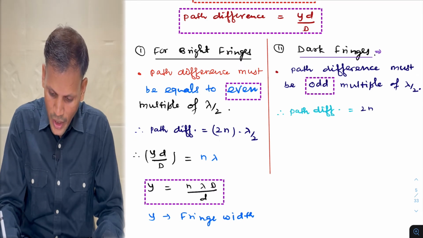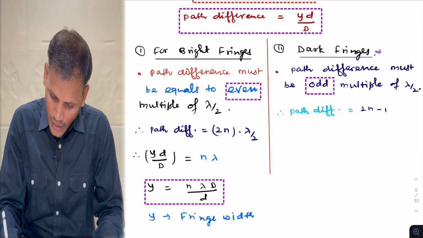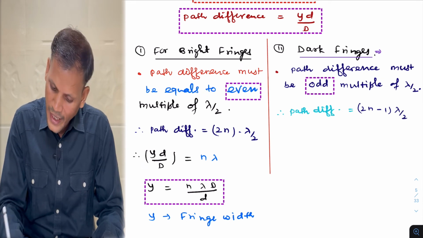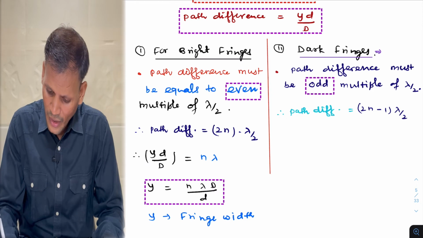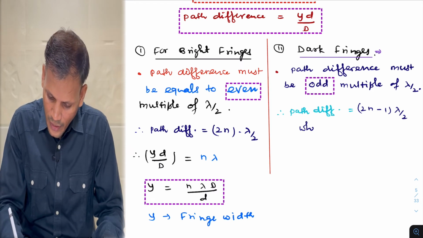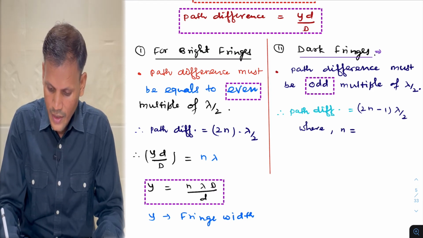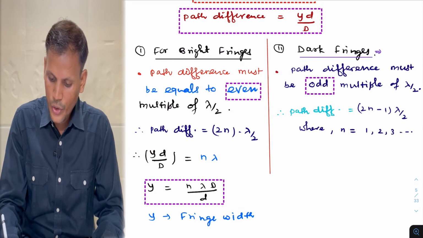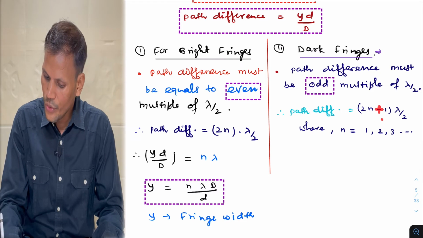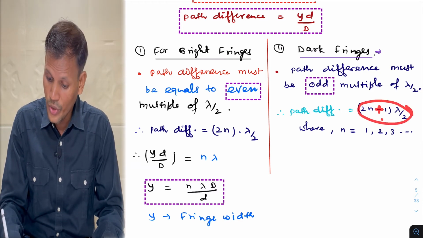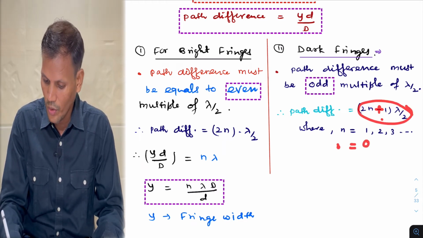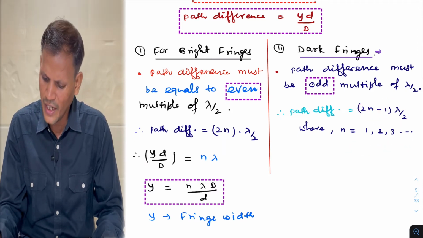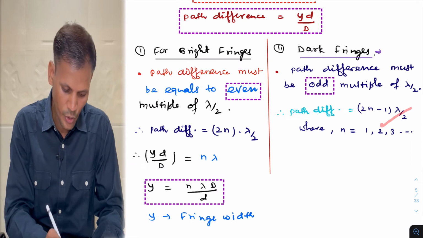The odd number is 2n minus 1, into lambda by 2, where n starts with 1, 2, 3. It could also be 2n plus 1 into lambda by 2. दूसरा ये भी condition हो सकता है, but n will start with 0, 1, 2. अगर प्लस आया तो 0 से स्टार्ट रहेगा. We can write both, but I will prefer to write this one.